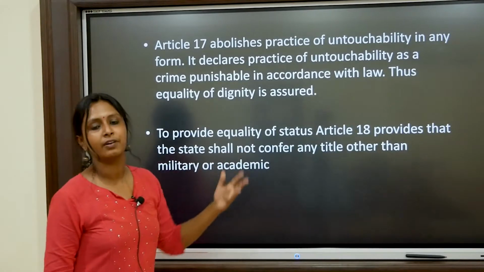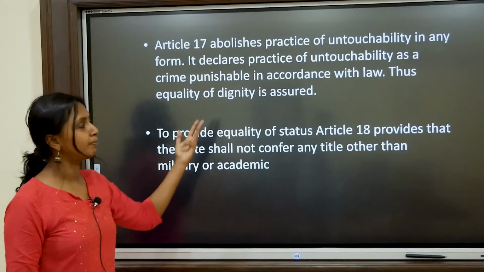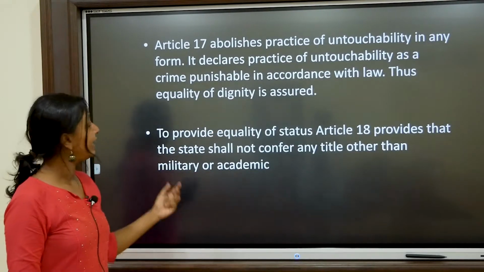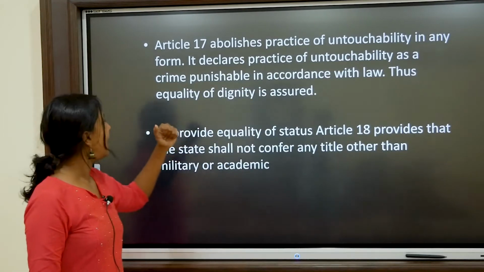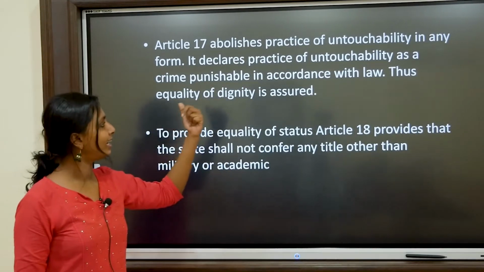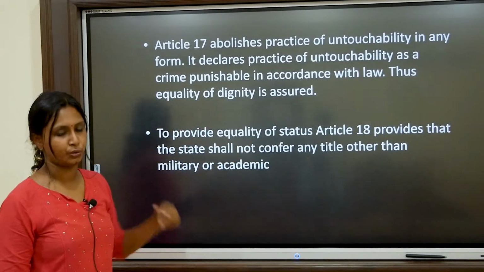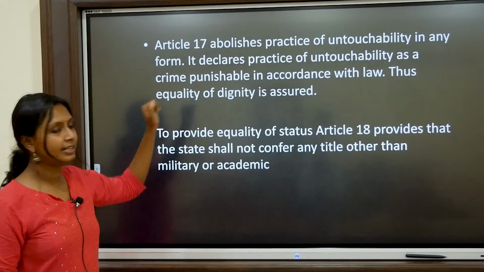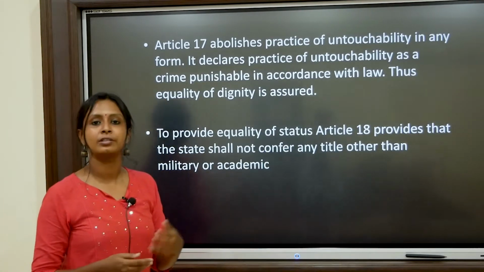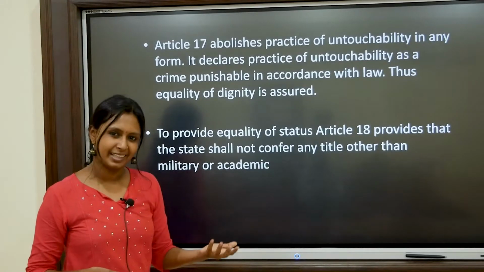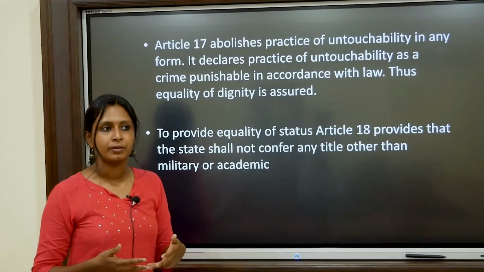And another one is Article 17. Article 17 abolishes the practice of untouchability in any form. It declares the practice of untouchability a crime punishable in accordance with the law. Thus, equality of dignity is assured. We know that once in India, the evil practice of untouchability was followed.